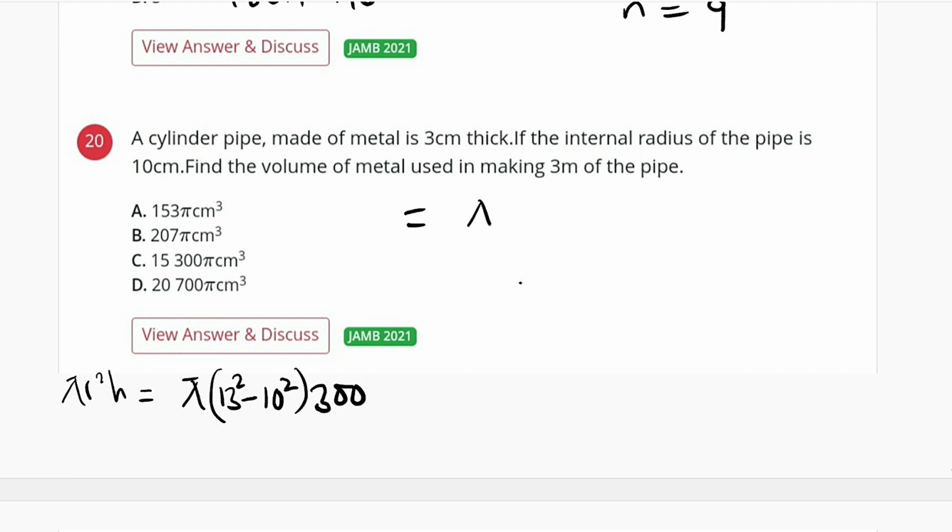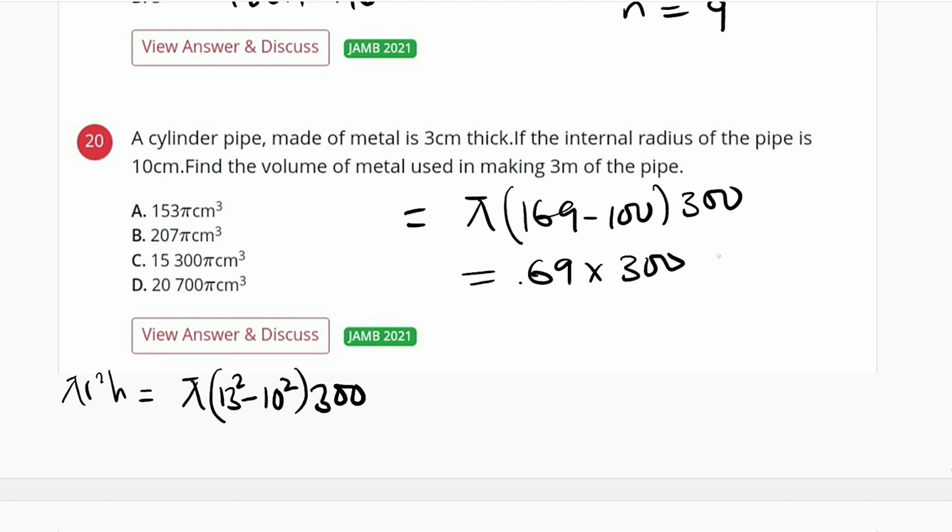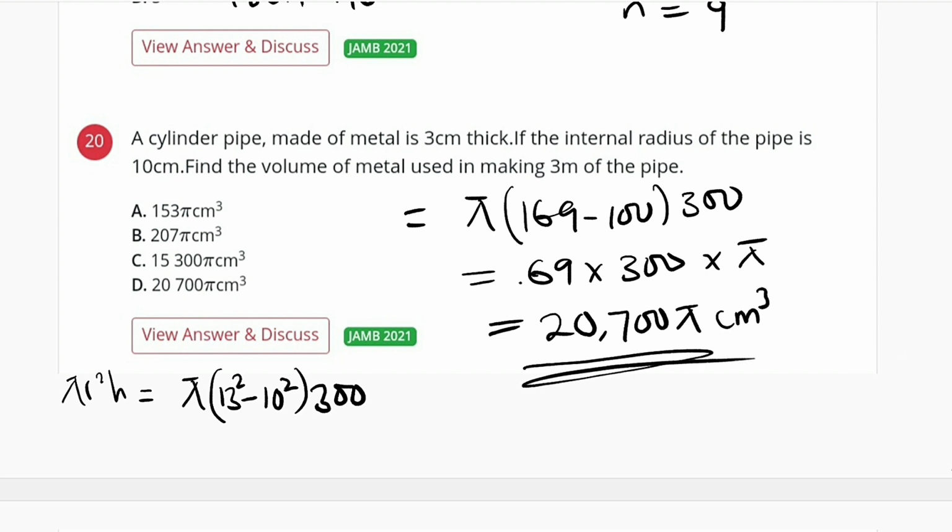We have pi multiplied by 169 minus 100, because 13 squared is 169, then times 300. This is equal to 69 multiplied by 300 multiplied by pi. 69 times 300 is 20,700. So 20,700 pi, and the unit is cm cube, which we have as option D.